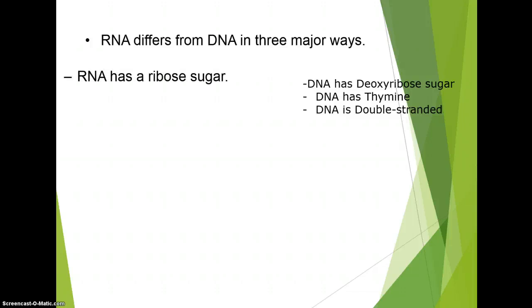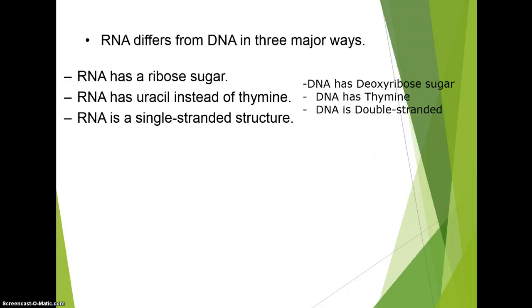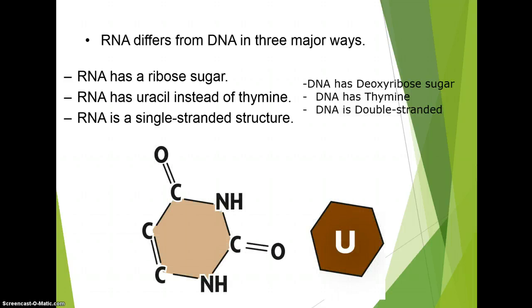So these are a side-by-side comparison of how RNA differs from DNA. There are 3 major differences you should remember. RNA has a ribose sugar, DNA has a deoxyribose sugar. RNA has uracil instead of thymine, which DNA has.